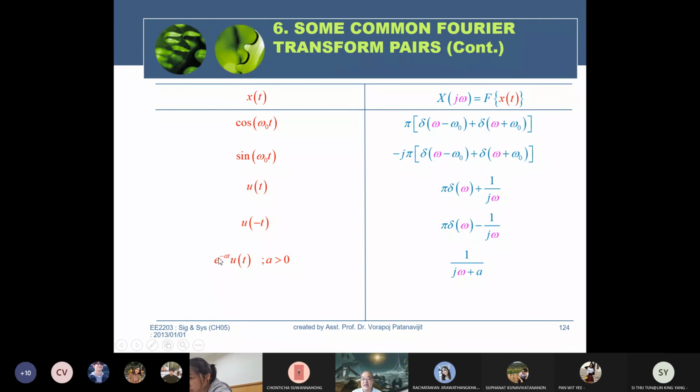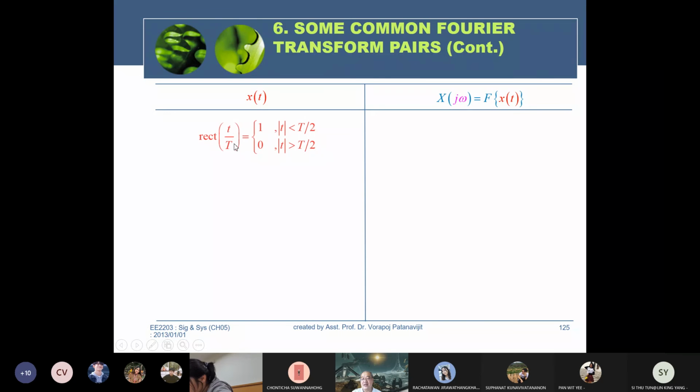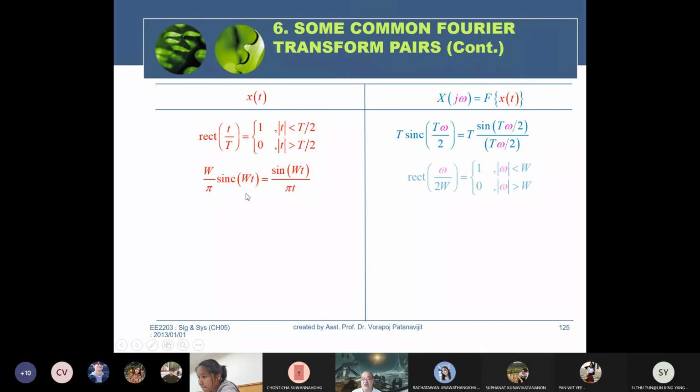The decaying exponential e to the minus a t times u(t): the Fourier transform gives you 1 divided by (j omega plus a). If you multiply by t, it gives you the square. And the Fourier transform of the rectangle gives you the sinc function in the frequency domain, or the Fourier transform of the sinc function, sin t divided by t, gives you the rectangle.